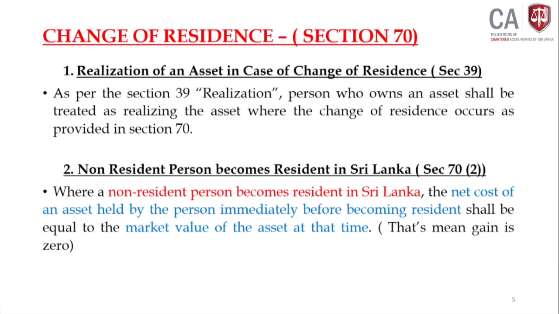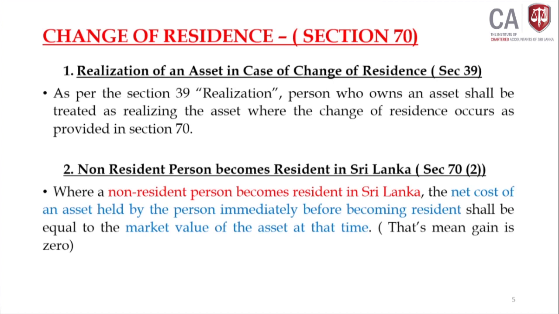Fortunately, this has been tested in one of your papers under non-resident taxation. This concept has been tested with reference to section 73, section 70 as well as a link to section 39. Therefore, you cannot ignore any of these topics. These are really important.